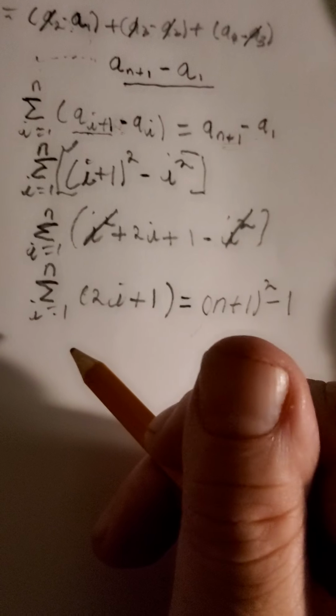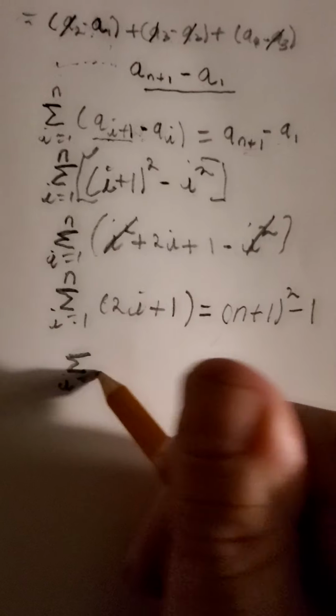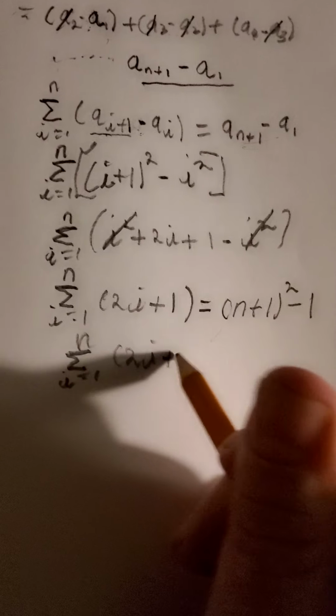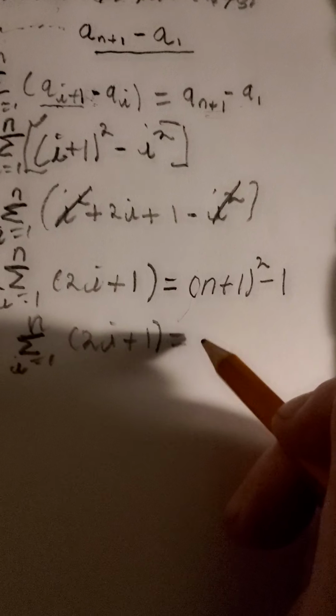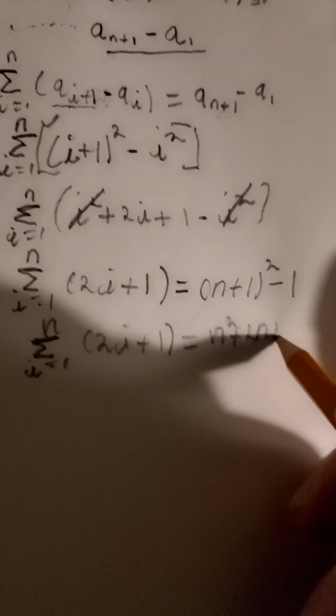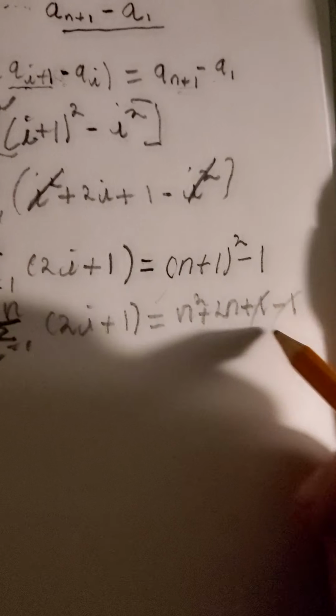Okay? Now we write the summation i goes from 1 to n of this 2i plus 1 equals n squared plus 2n plus 1 minus 1. Of course, the ones are going to drop out.